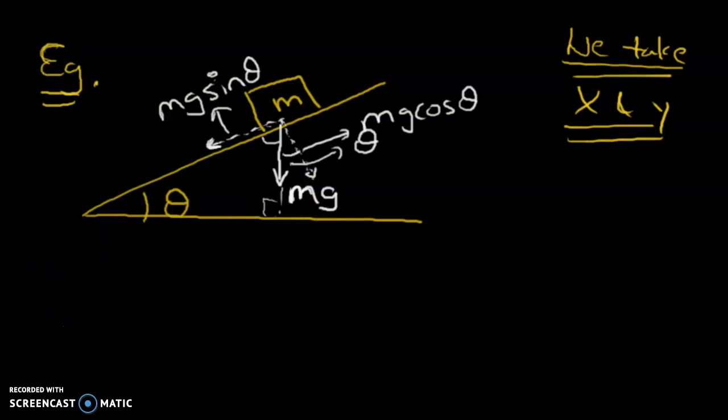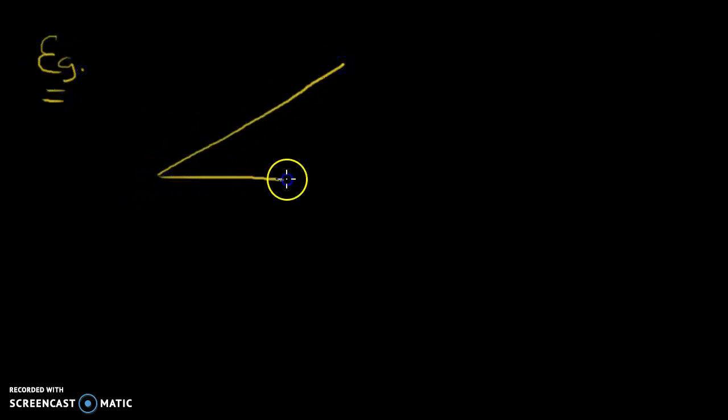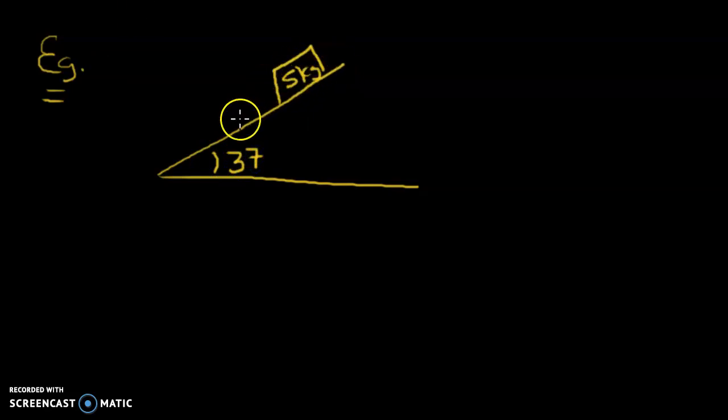Don't worry, these will be very handy things. As the course proceeds, you will feel that these are the easiest things. Say the angle is 37 and this is a 5 kg mass. Can you resolve the force into two perpendicular components? Yes.